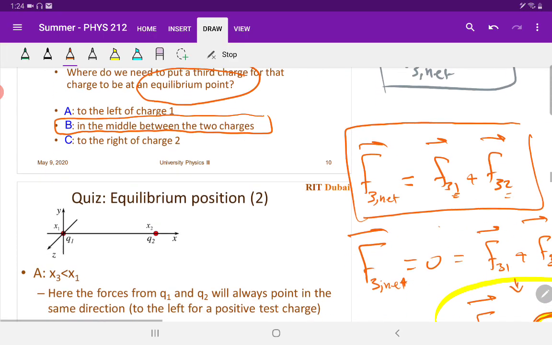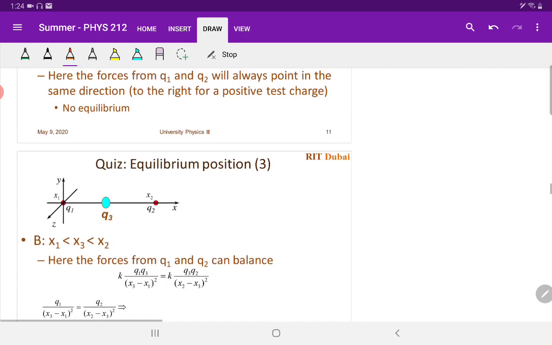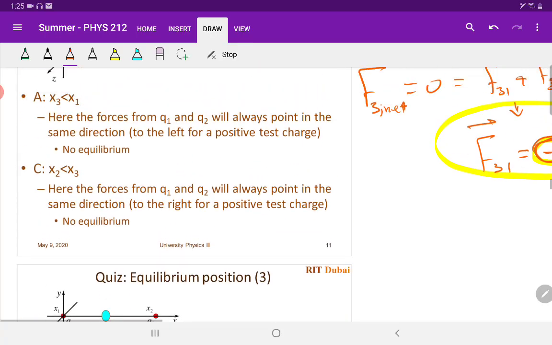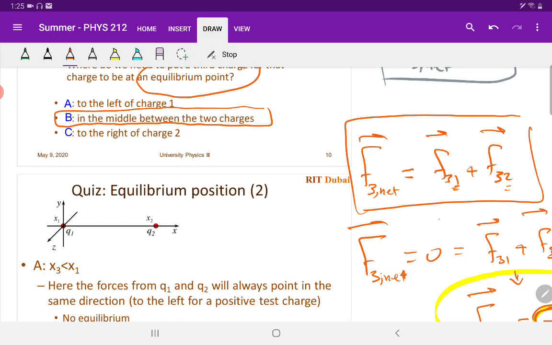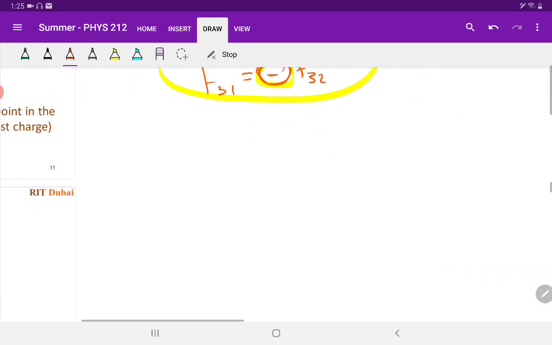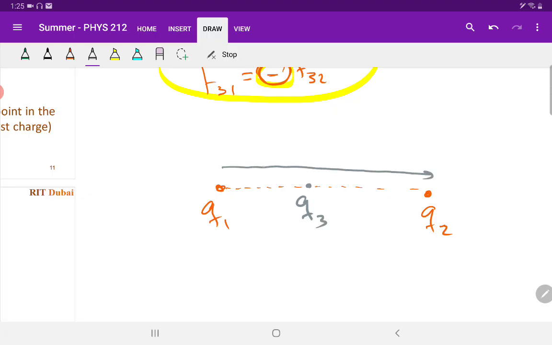Now the next question here. After we learn about this one, find the exact position that will make Q3 in equilibrium. Since I already know that this is Q1, by the way, and this is Q2, I have to place Q3 somewhere in between here, and the distance from here to here is given in the question as 0.4 meter.